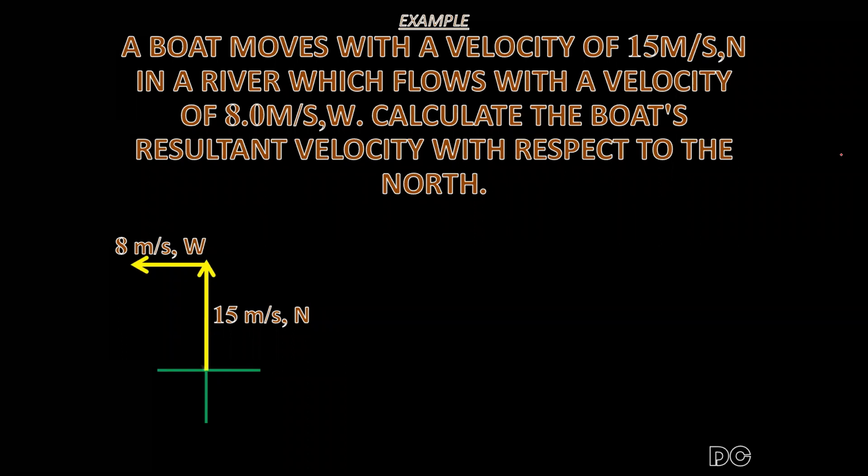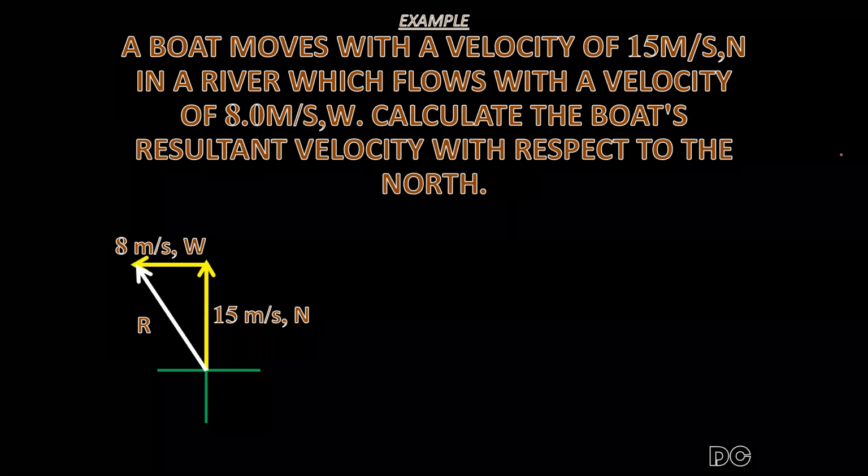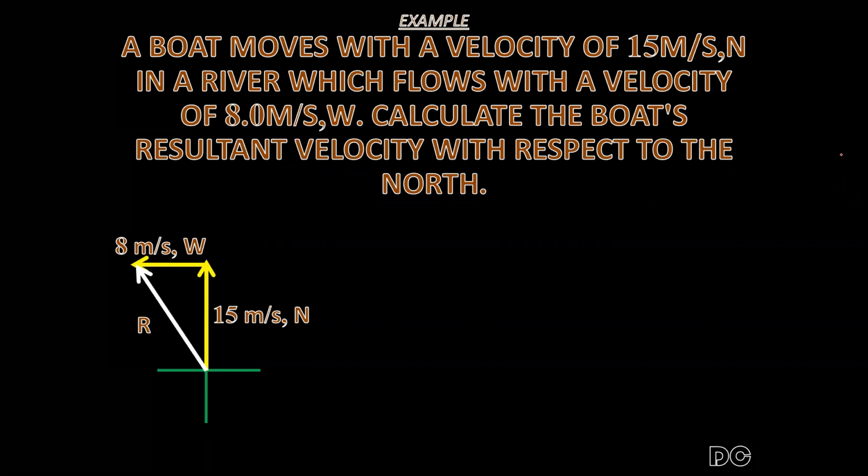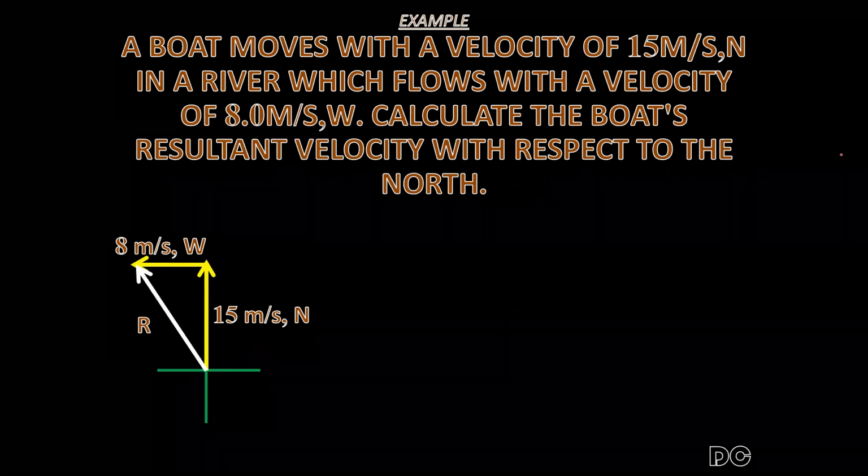And since this is the resultant velocity of the boat, and since specific yung question that the angular direction should be with respect to the north, therefore the angular direction of our resultant should start from the north, then move leftward to the west.